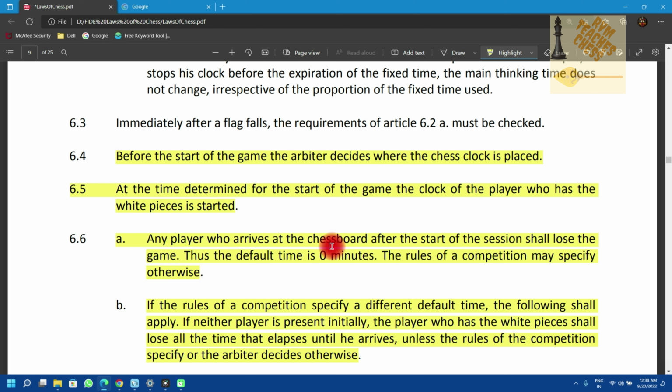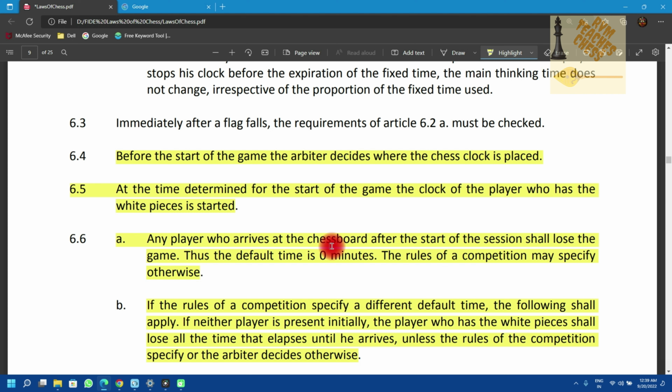At the time determined for the start of the game, the clock of the player who has the white pieces is started. It clearly means that the one who is playing the white pieces, his clock starts ticking first. Any player who arrives at the chessboard after the start of the session shall lose the game. Thus, the default time is 30 minutes. The rules of competition may specify otherwise.